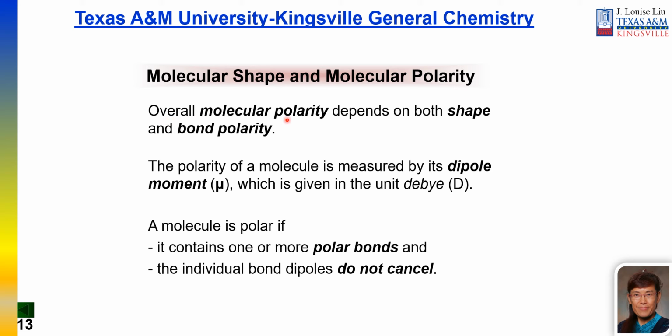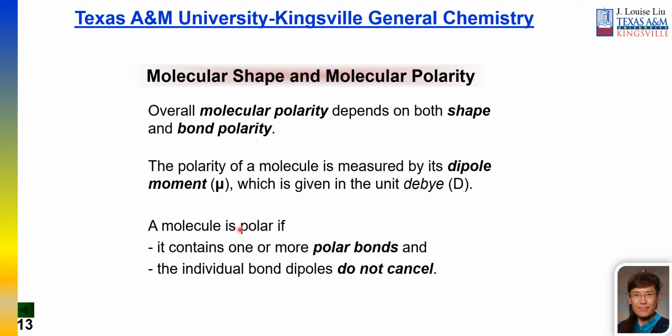Overall, molecular polarity depends on both the shape and your bond polarity. The polarity of a molecule is measured by its dipole moment mu. This dipole moment has a unit, the debye. Dipole moment mu is the measurement for the polarity of your molecules.